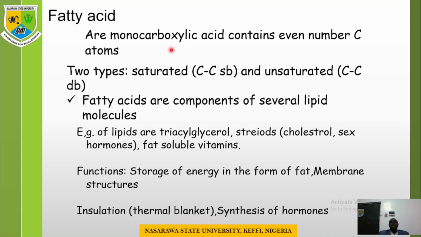So fatty acids are monocarboxylic acids that contain an even number of carbon atoms. We have two types: saturated and unsaturated. The fatty acids are components of several lipid molecules.